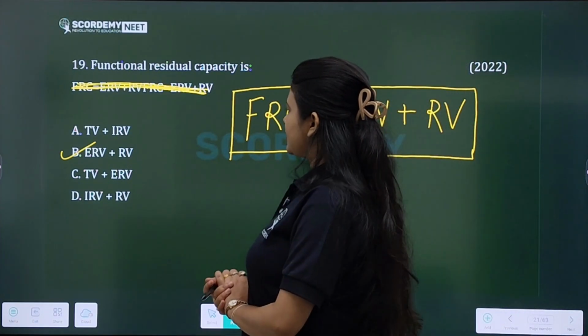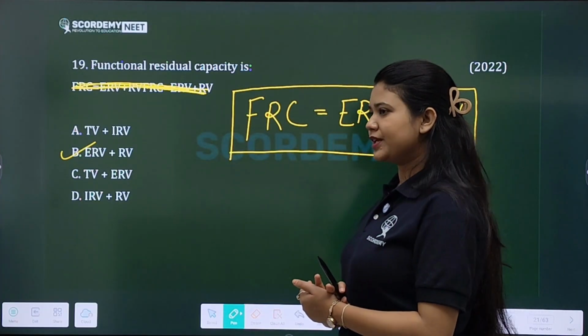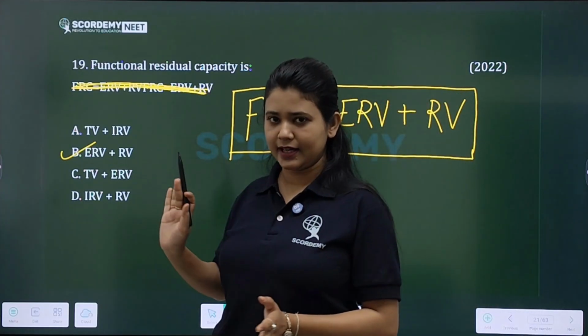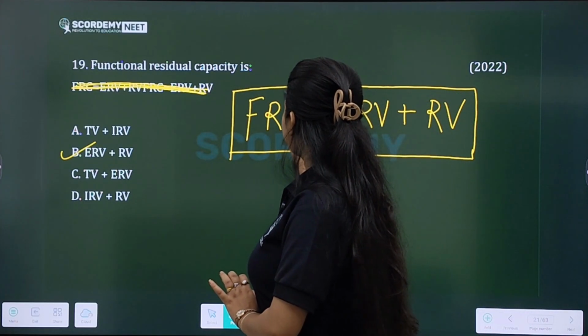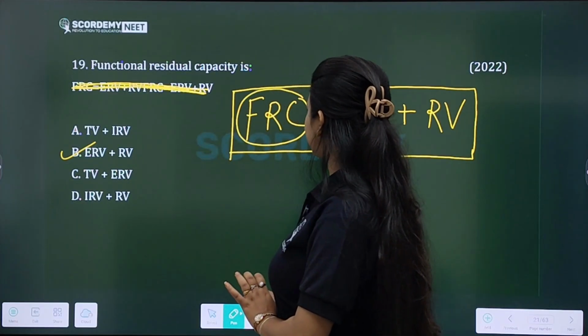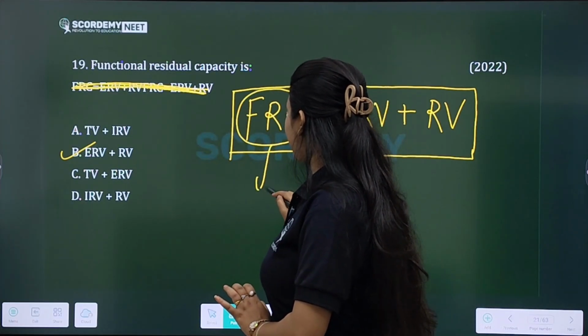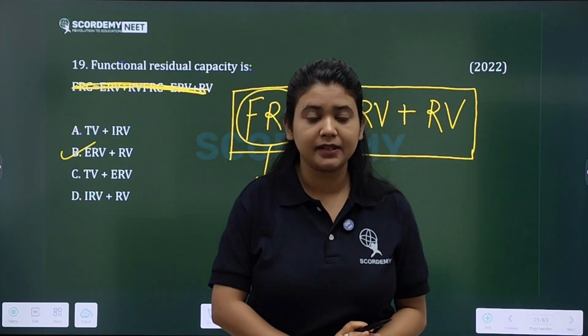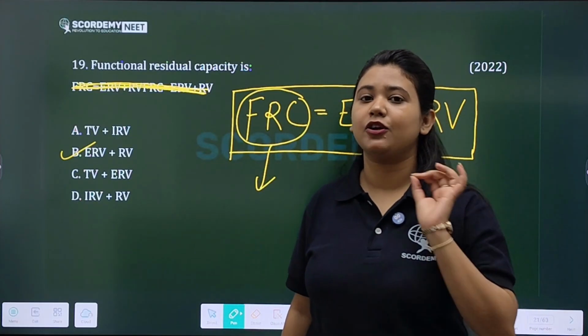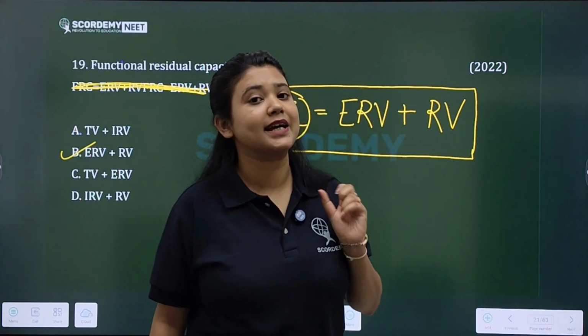This is a big formula, but what exactly is functional residual capacity? It is nothing but the air remaining in your lungs after your normal expiration.